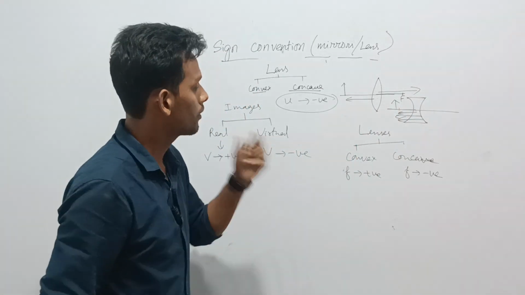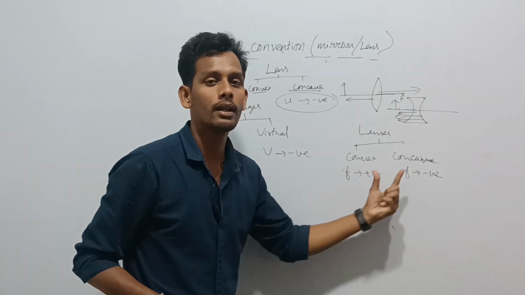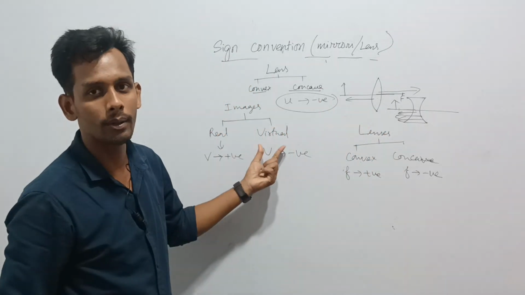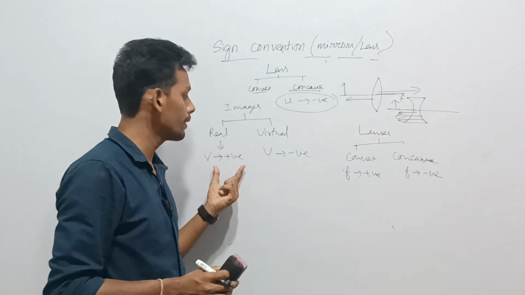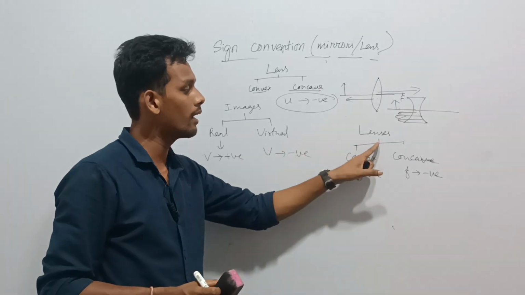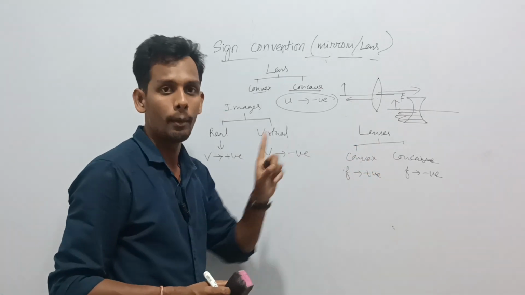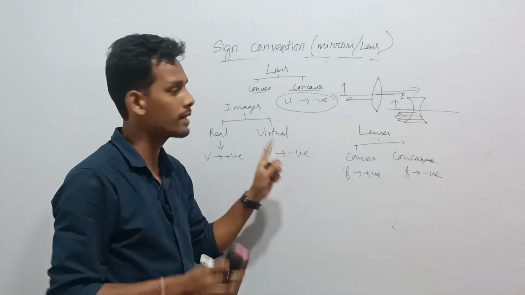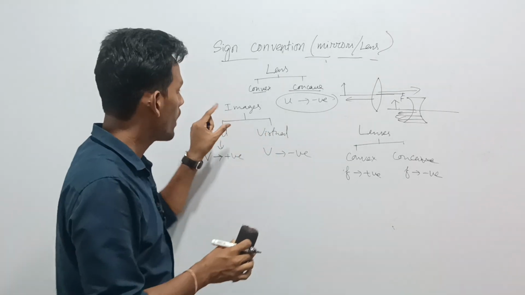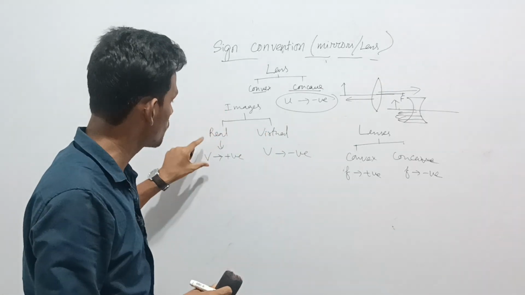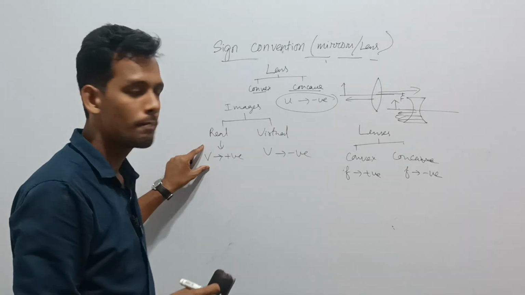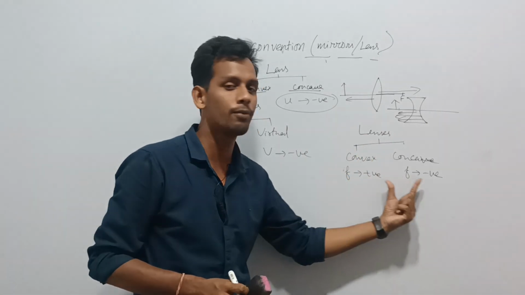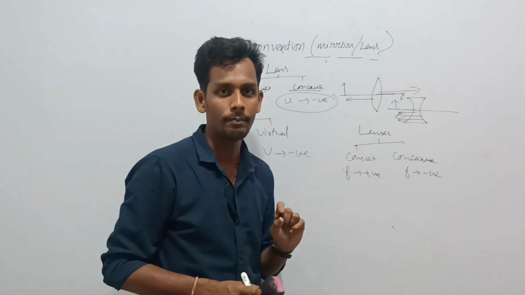Now the problem is that only by observing the focal length you cannot say whether the image is real or virtual, and only by observing the image you cannot say whether the lens is convex or concave, because in the case of a convex lens both real and virtual images can be formed. So to identify the image you have to observe the image distance, and to identify the lens you have to observe the focal length.